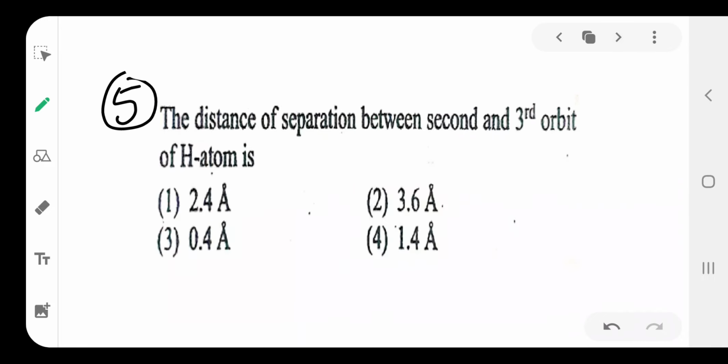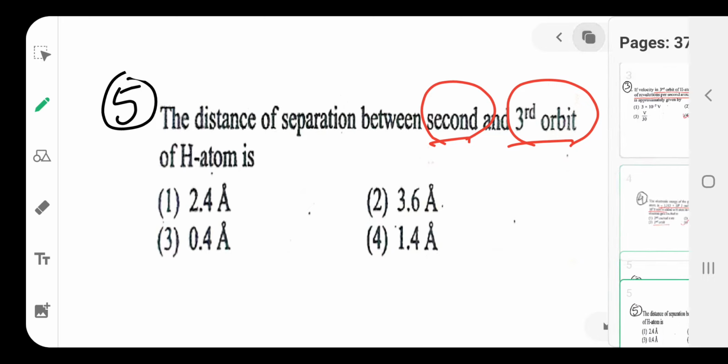The next one is the fifth question: the distance of separation between the second and third Bohr orbit of the hydrogen atom. First of all, we have to know the radius of the third Bohr orbit and the radius of the second Bohr orbit. Later their difference is the distance.